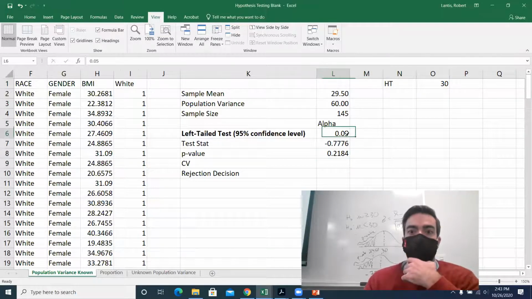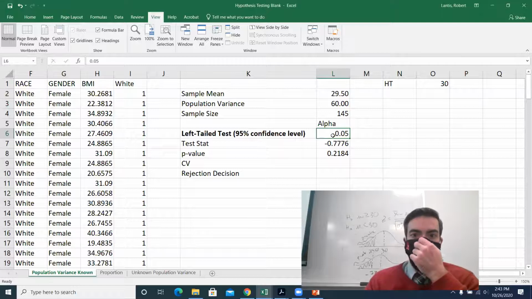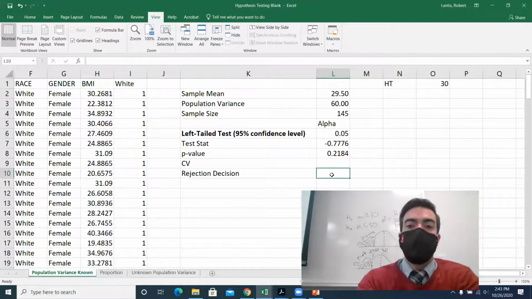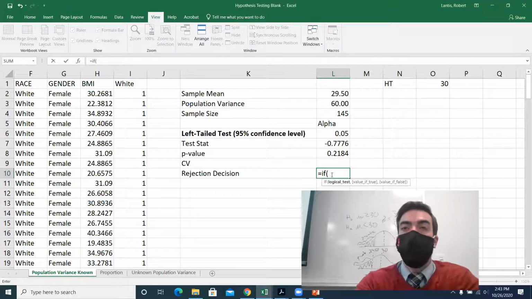So if my alpha was 0.05 here, what's my rejection decision going to be? Well, my p-value is not less than my alpha, so I should fail to reject. Now I can set up an if statement just like we did in the previous one.